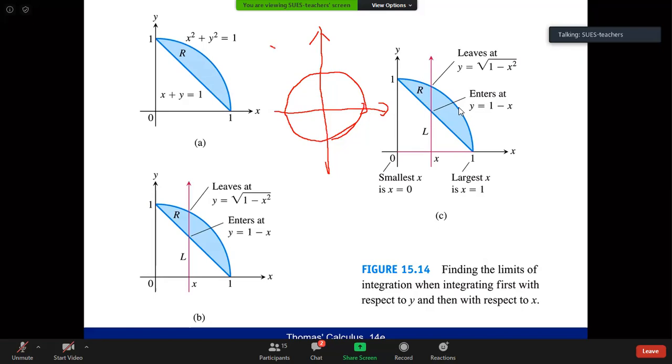So this line is x plus y is equal to 1, and the curve is a circle, x squared plus y squared is equal to 1. It is asking you to take this small area, which is defined by the circle.